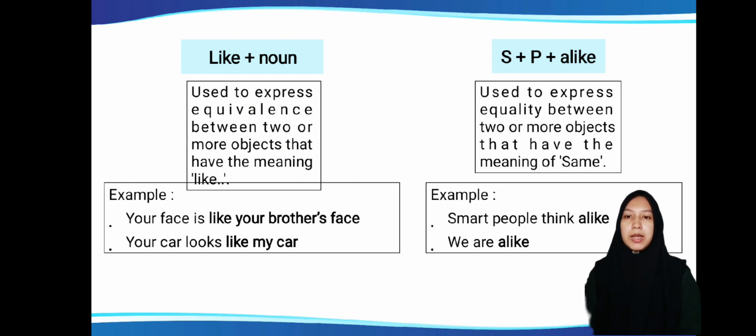Subject plus predicate plus alike. Used to express equality between two or more objects that have the meaning of same. Example: smart people think alike. We are alike.